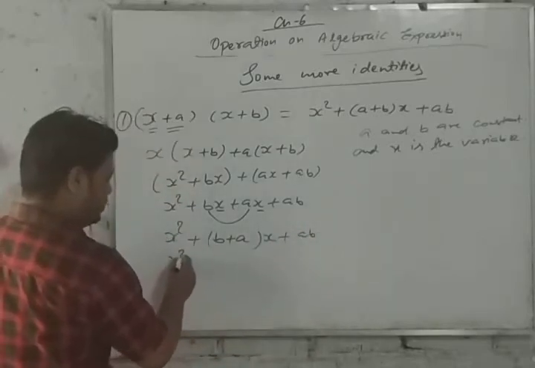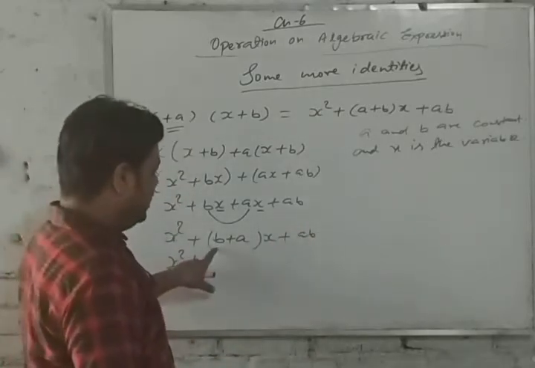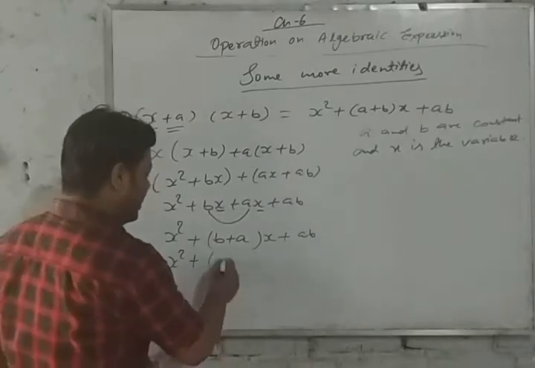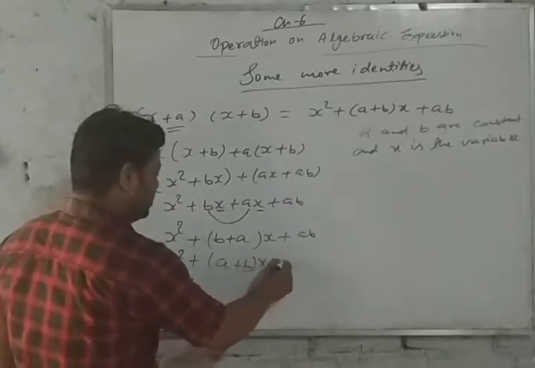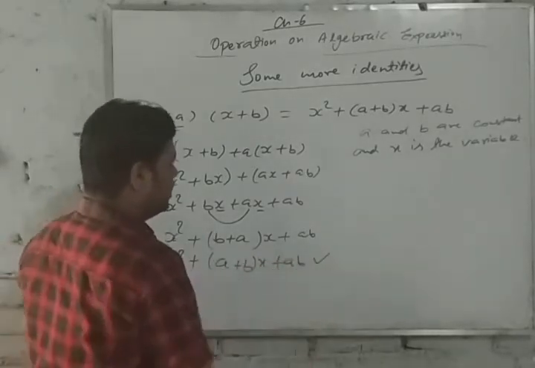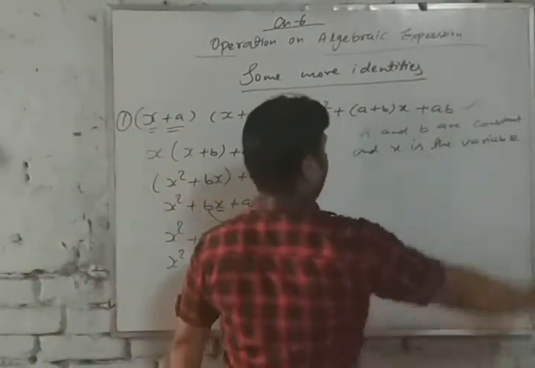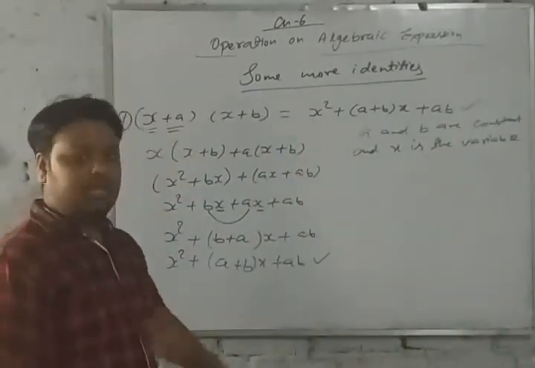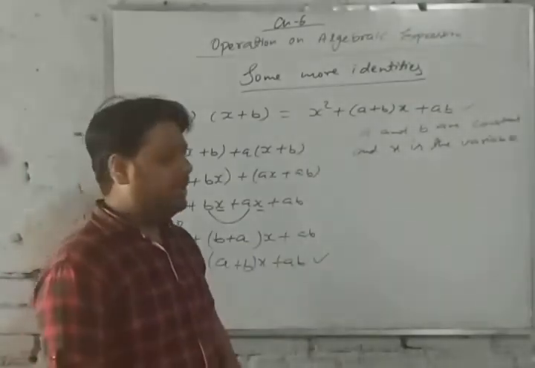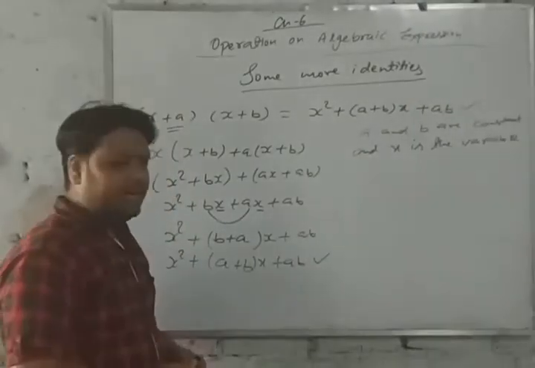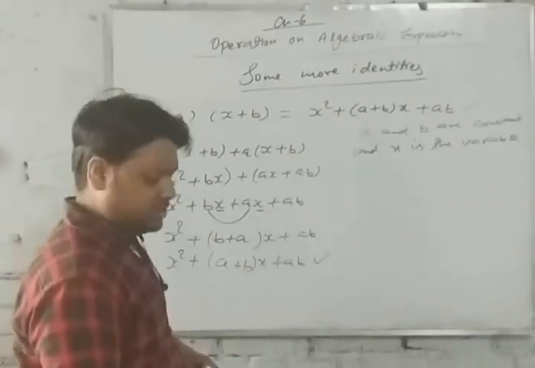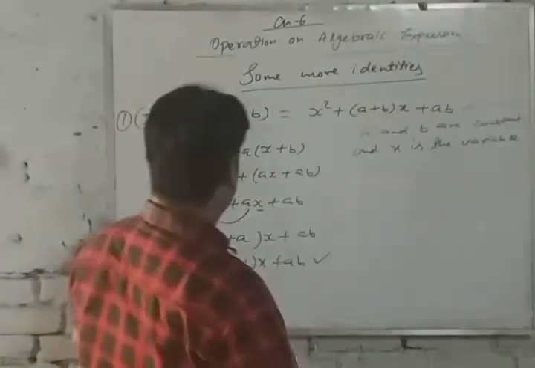Now x square plus (b plus a) x plus ab, we can write as (a plus b) x plus ab. Now you can see this formula. Like this we will also find another identity.